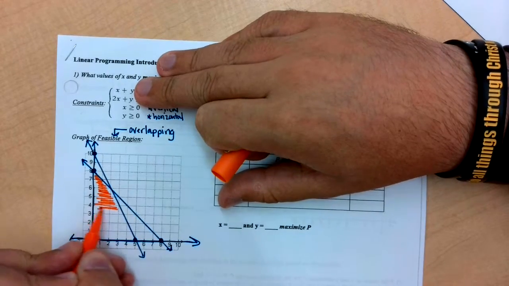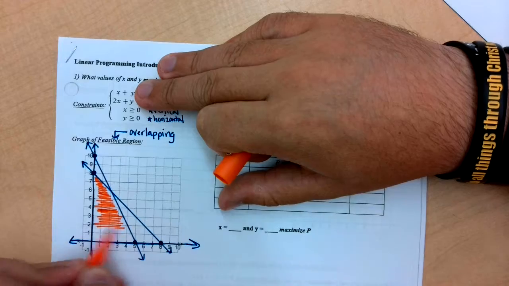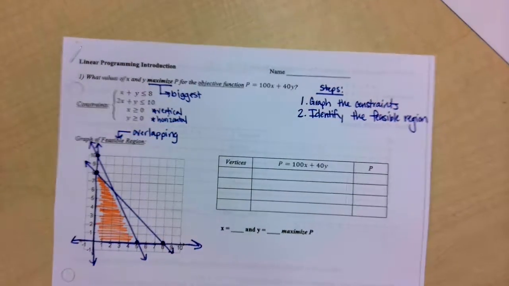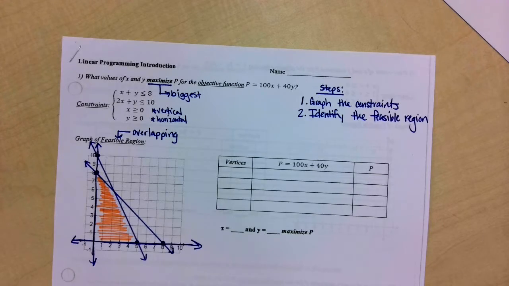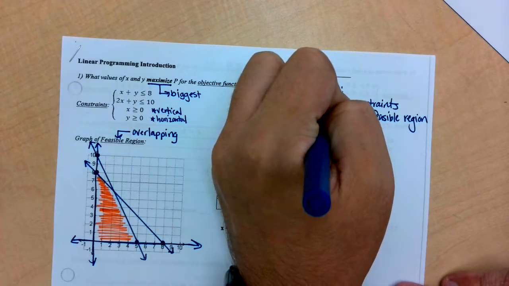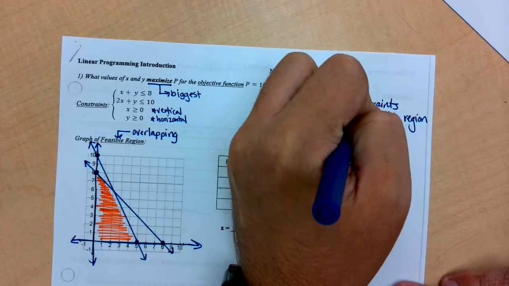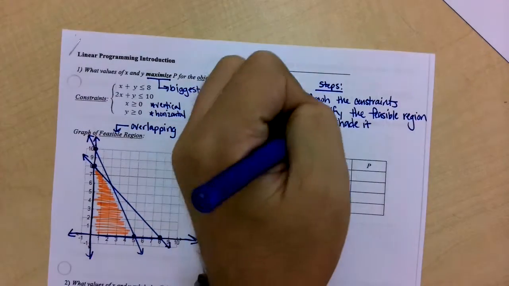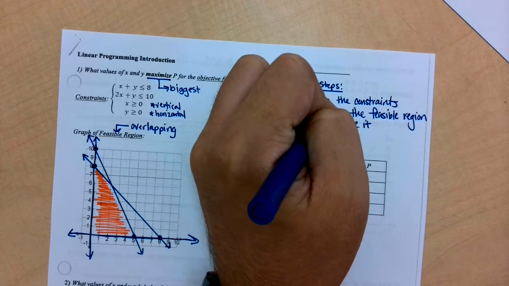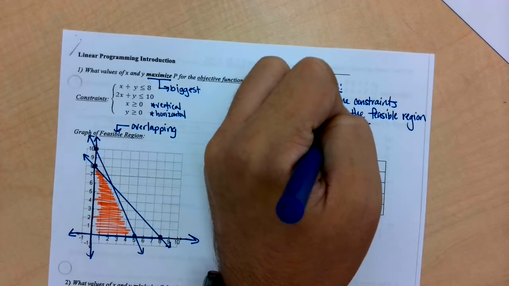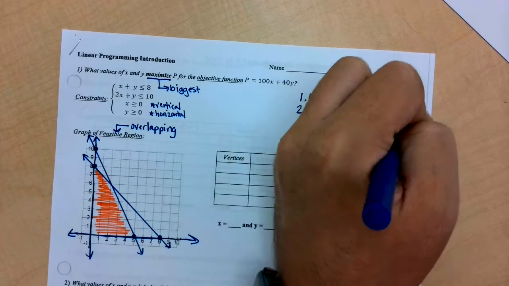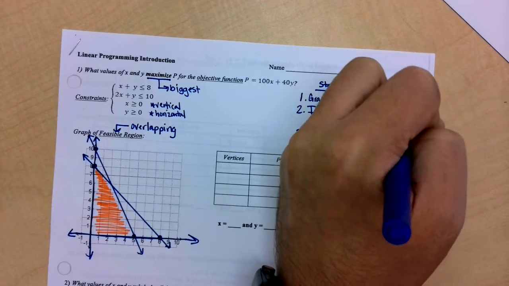You will want to shade the feasible region. So maybe on your steps, you want to say identify the feasible region and shade it. Step 3 then would be identify the vertices.